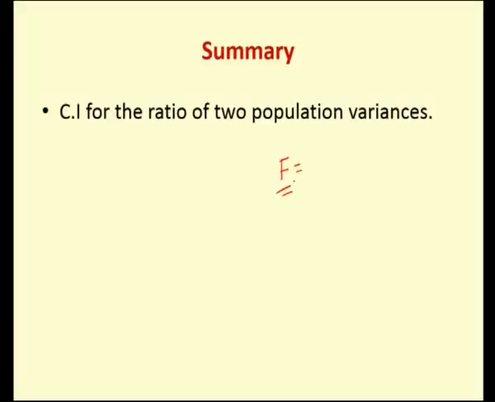So today's class we have learnt about the ratio of the two population variances. So in other words, we have to use the F test to find out the two population variances.